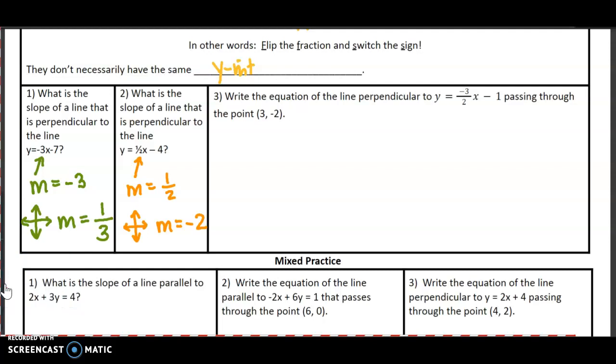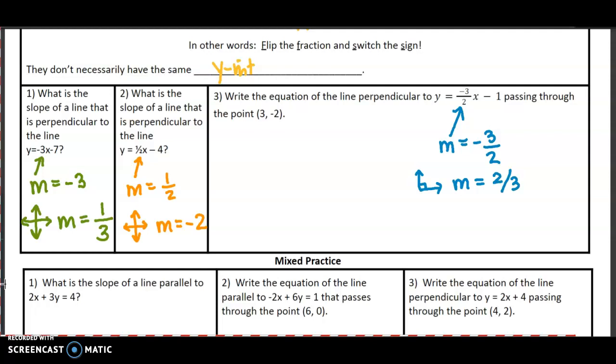All right, number 3, write the equation that is perpendicular to y equals negative 3/2x minus 1, passing through the point (3, negative 2). So first, identify the slope. Now we need to make a perpendicular. You can do perpendicular with the other symbol or right angle like this. So a perpendicular slope is going to be positive 2/3.